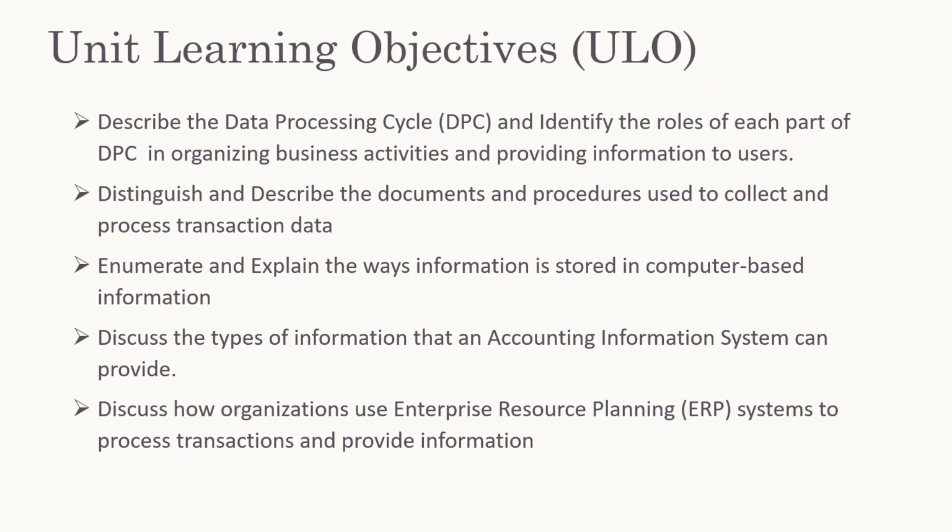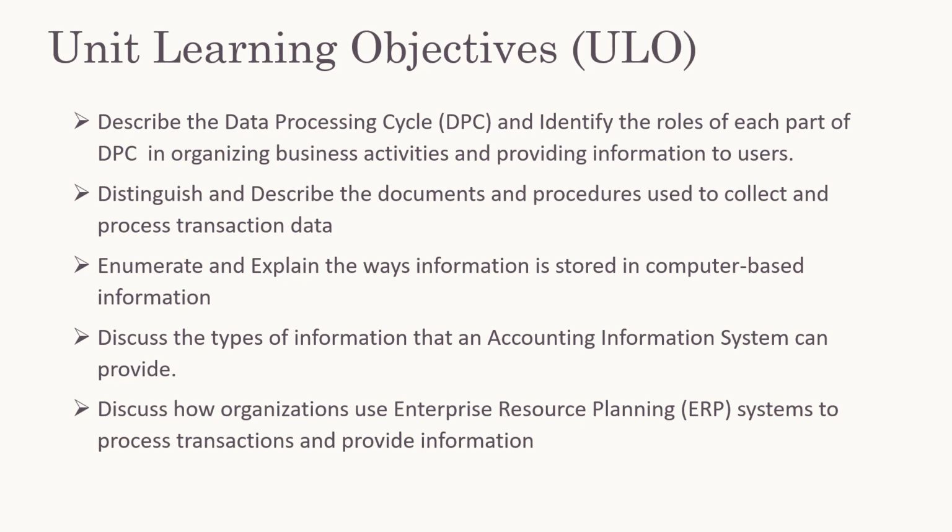We have 5 unit learning objectives. Number 1, describe the data processing cycle or DPC and identify the roles of each part of DPC in organizing business activities and providing information to users. Number 2, distinguish and describe the documents and procedures used to collect and process transaction data.